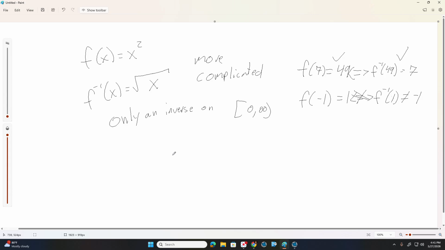Okay? Now, if you're okay without a function, you can say f inverse of x is the positive or negative square root of x, where sometimes you take the positive one, sometimes the negative. But unfortunately, that stops being a function. We find it a little bit easier to restrict the domain than to have something that is not a function. So I just want you to be aware of that.